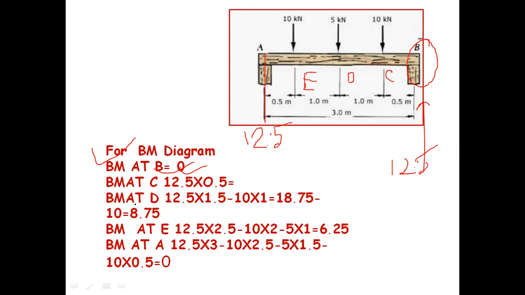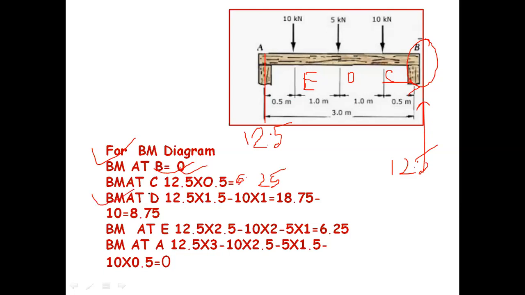The BM at C is 12.5, and the distance from this point is 0.5. So putting in the values, BM at C is 12.5 into 0.5, which is equal to 6.25.